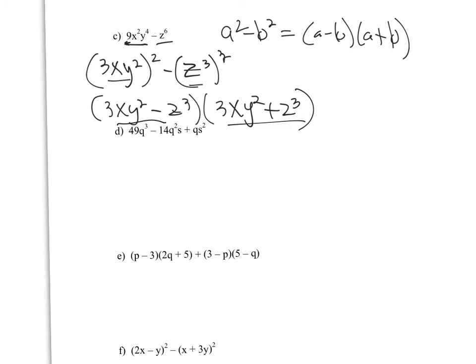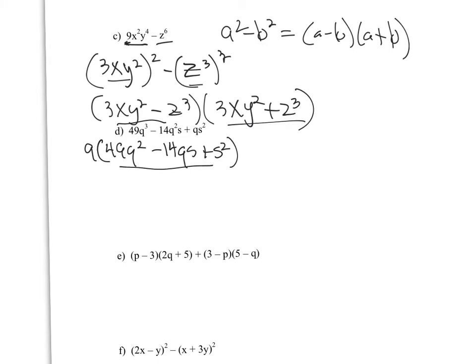Okay, first thing we see is that this time we actually can divide out something. So we do as our first step, 49q squared minus 14qs plus s squared. So we factored it once, and now the question is, can we factor it again?